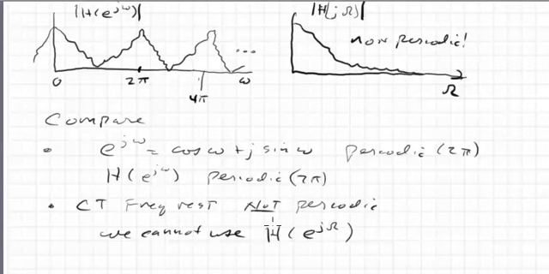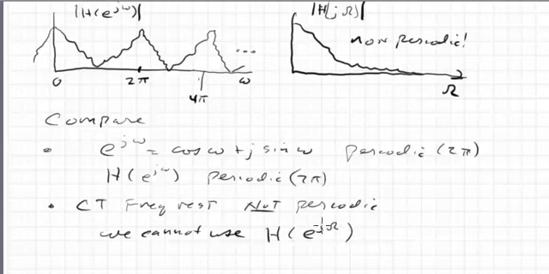But H is not, because H is the integral, and when we multiply by t and take the integral, it's different than multiplying by n. We get something that's not periodic.